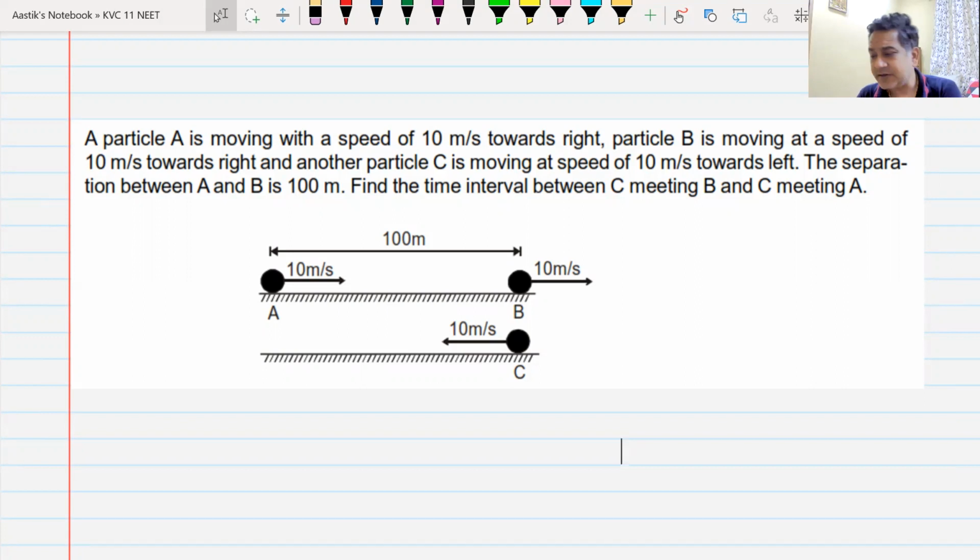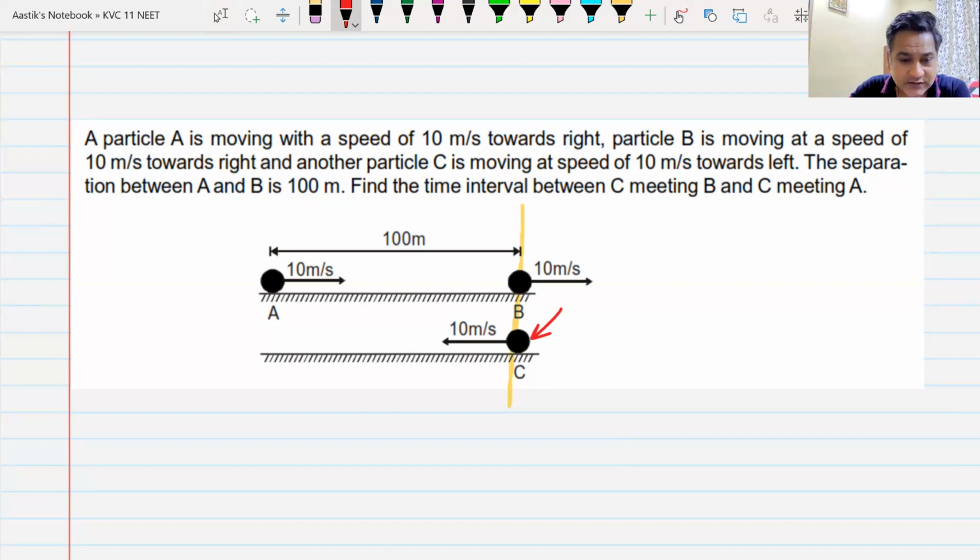It always remains 100 meters. Now this particle C is passing B at some point, where it is crossing. After how much time will particle C cross or meet particle A?